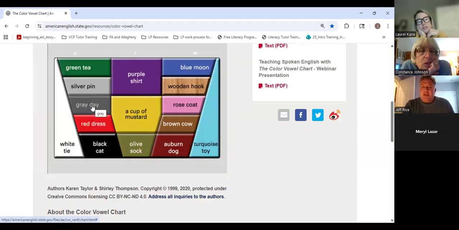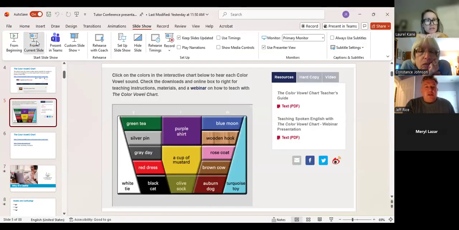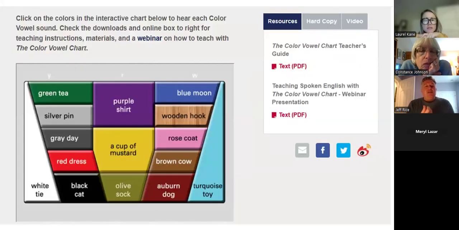Is that sound coming through for people? A, gray day. Ooh, blue moon. Okay, so for each vowel sound, there's a rhyming pair beginning with a color, and these can provide categories to talk about the vowel sounds of English.